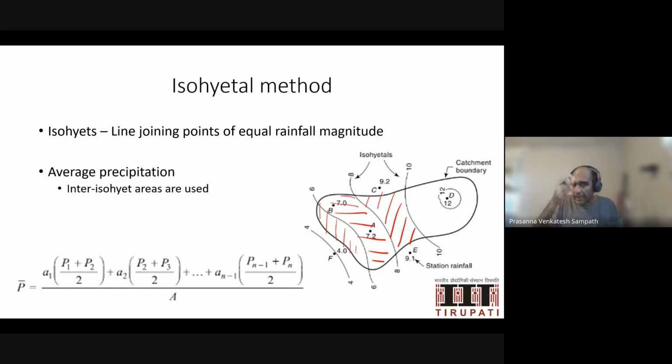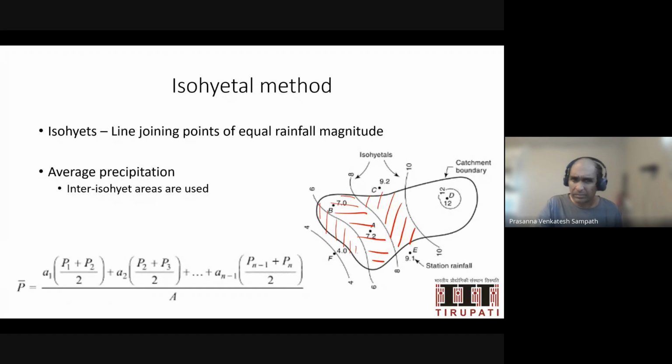So if you have n isohyets, you will have n minus 1 inter-isohyet areas. You have 5 fingers, you have 4 gaps between 5 fingers, right? So 1, 2, 3, 4. So same idea, right? All right, that's it.